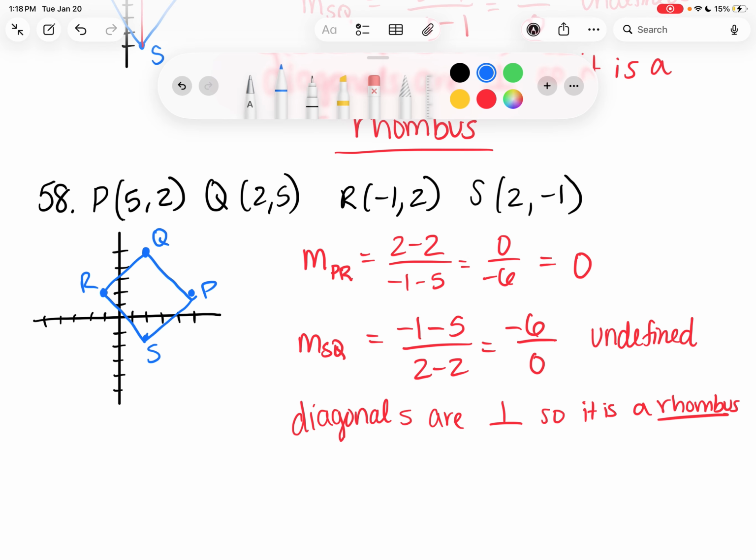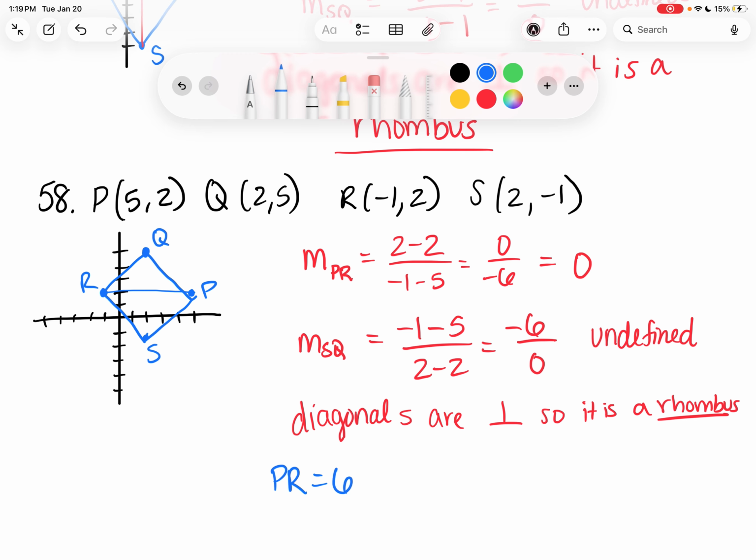So I can actually just figure out the distance from R to P. R was at -1 and P is at 5. So what is the distance from R to P? From -1 to 5. Just count. 6. So PR is equal to 6.